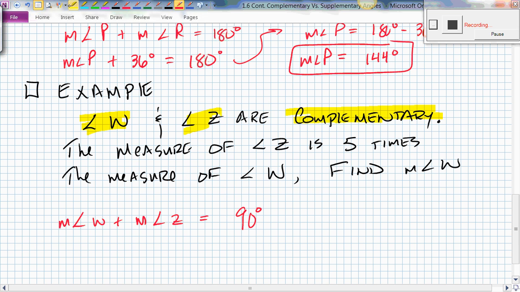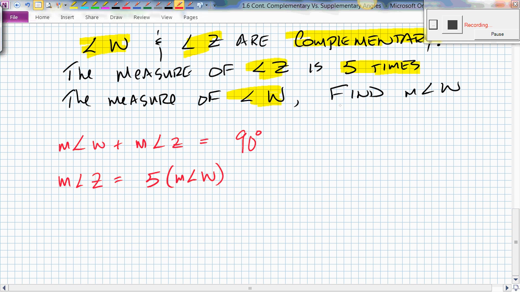And then it tells me that Z is 5 times W. So the measure of angle Z is equal to 5 times the measure of angle W. And then it wants me to find W. So I can replace this measure of angle Z with this. So now I have this.